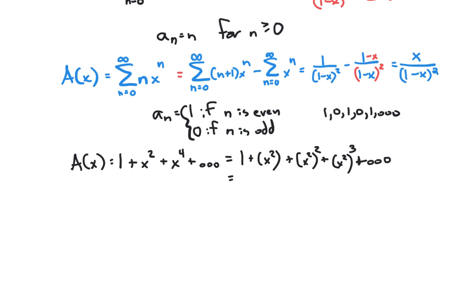We know the power series of 1 over 1 minus variable is this guy here, so 1 plus variable plus variable squared plus variable cubed. But now our variable is x squared. So we can say this is 1 over 1 minus x squared. So we have this idea of things only occurring on even powers given by this function.